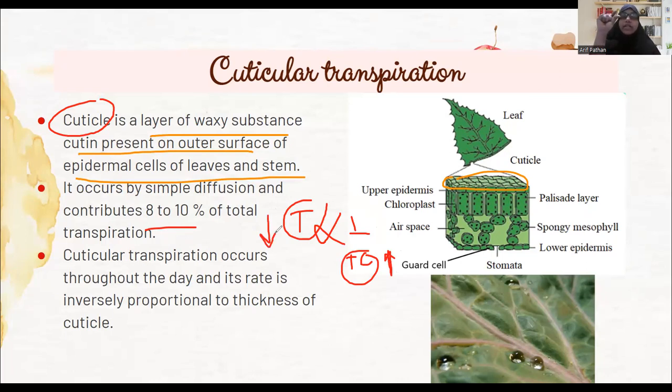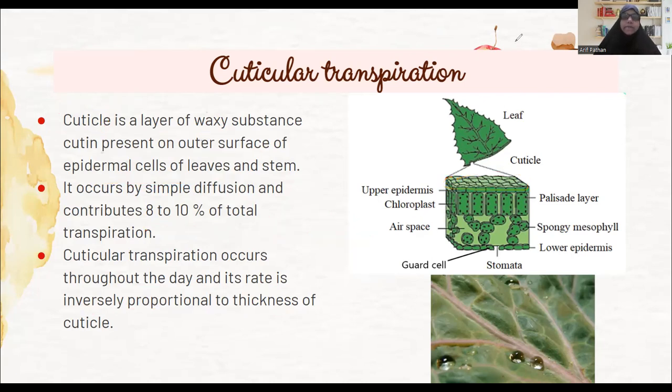If the waxy coating is thick, transpiration will happen less. That is how an inverse relation works. The thinner the coating of the waxy layer, the more the transpiration. So the thicker the coating of the waxy layer of the cuticle, transpiration will be very, very less. So it happens throughout the day during daytime, and the rate is inversely proportional to the thickness of the cuticle.